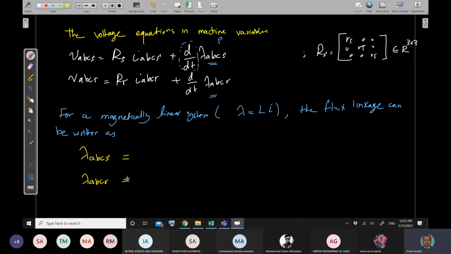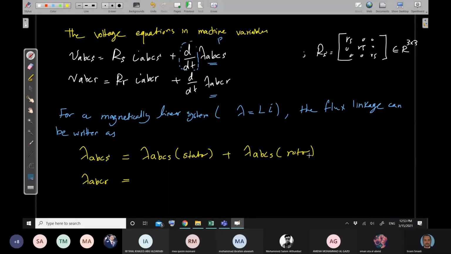One is due to the current in the stator, and the second term is due to the current in the rotor circuit, correct? Yes. So simply I can write the first one as lambda ABCS due to the stator current plus lambda ABCS due to current flowing in the rotor circuit.